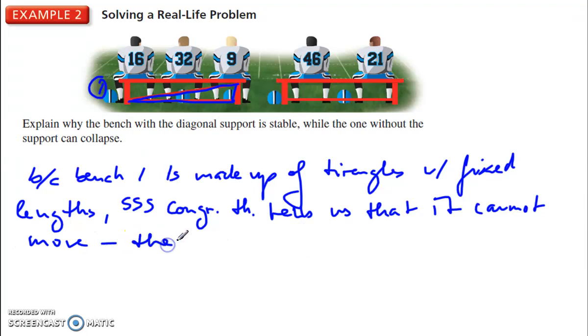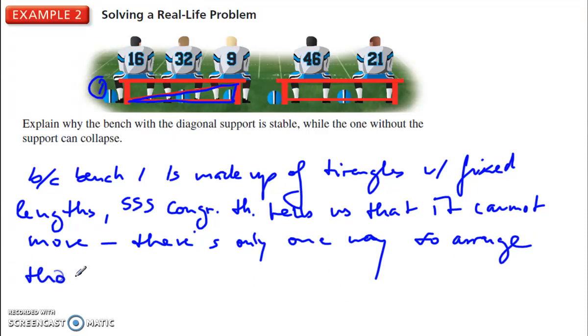There's only one way to arrange those sides in a triangle. Something to that effect, right? Side, side, side says this angle can't change. There's only one way to arrange these. So, there we go. That's why bench 1 is the more stable.